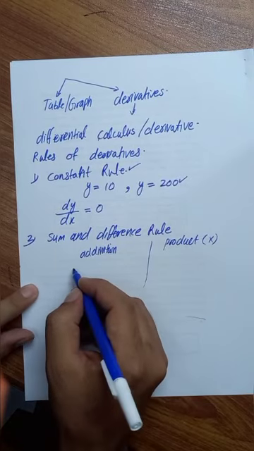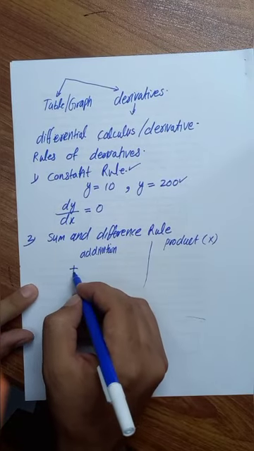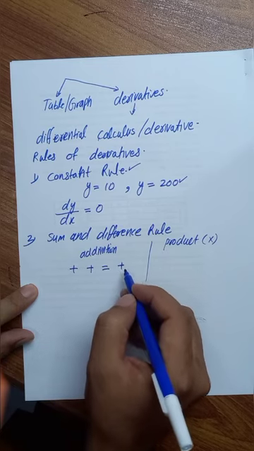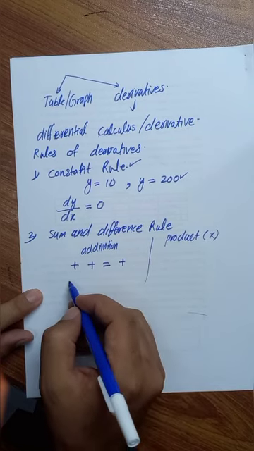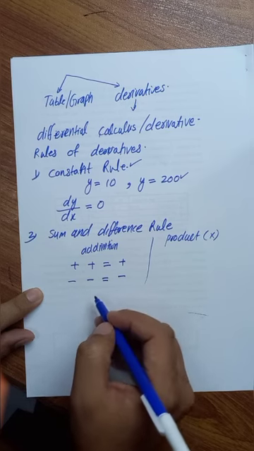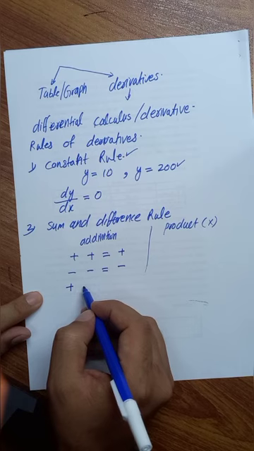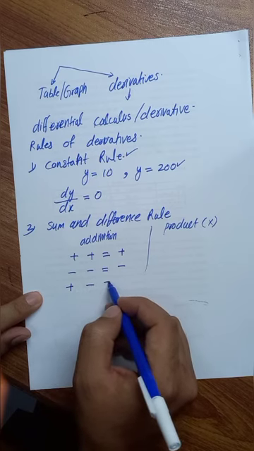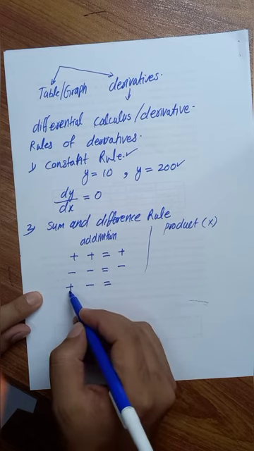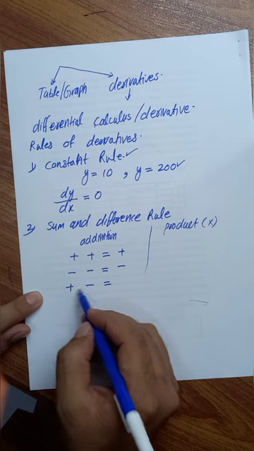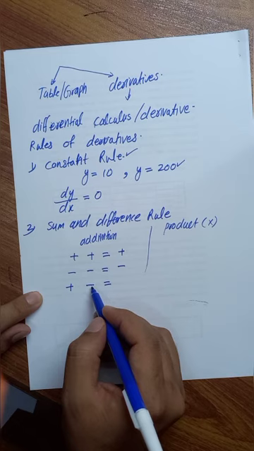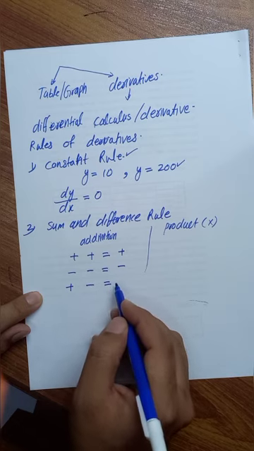So in addition, when we have plus and plus, the answer will be positive. If we have minus and minus, the answer will be negative. And if we have plus and minus, then we will go for the greater number. If the greater number has a positive sign, we will use a positive sign here, and if the greater number has a negative sign, we will place a negative sign here.